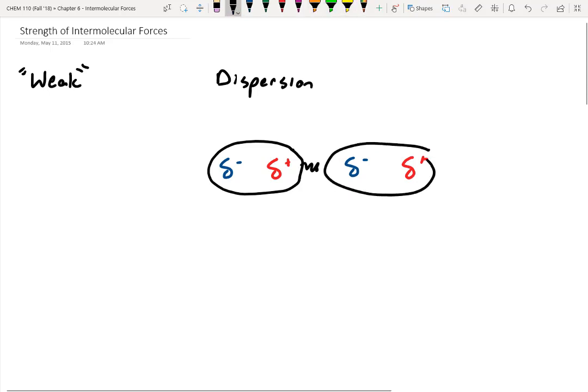And we said that this, man, my pens are slow today. This is the attraction between these two. So attraction between nonpolar molecules can lead to dispersion forces.